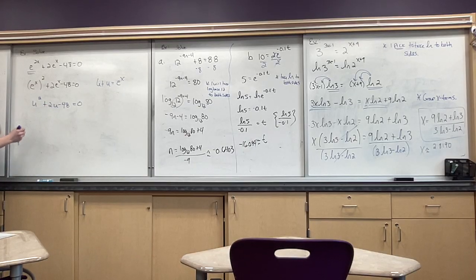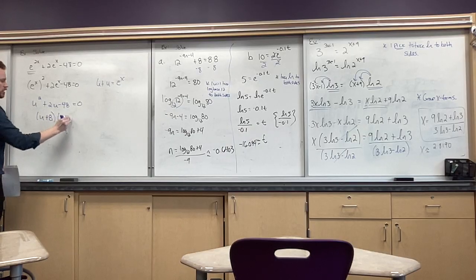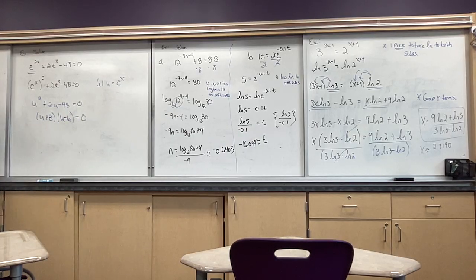Here I can solve by factoring, right? So let's do that. Let's do 8 and negative 6. That gives me negative 48 too, right? Solve each one. I get u to be negative 8 and u to be 6. Which is fine. Again, they might not both work because we're talking about an exponential, but those two work for that quadratic.